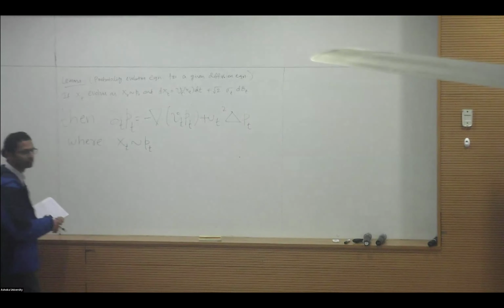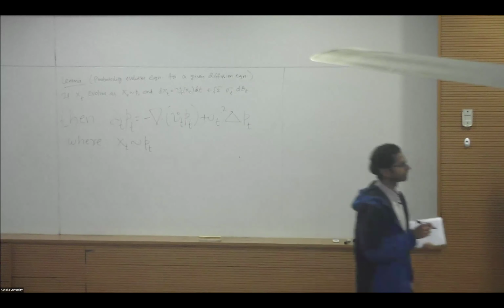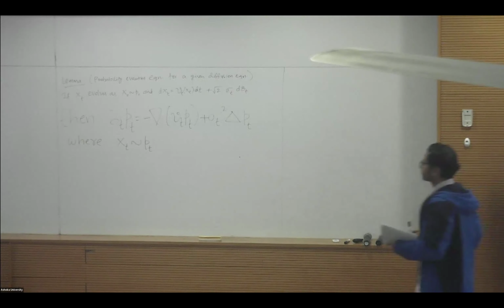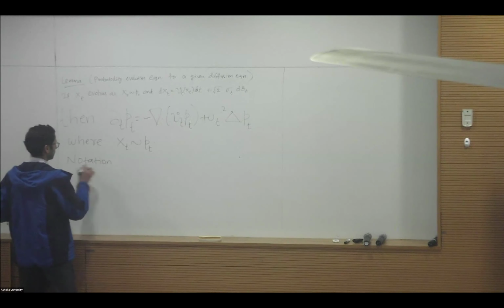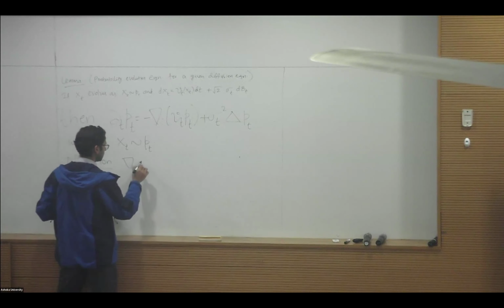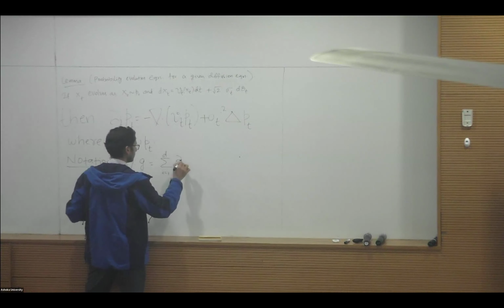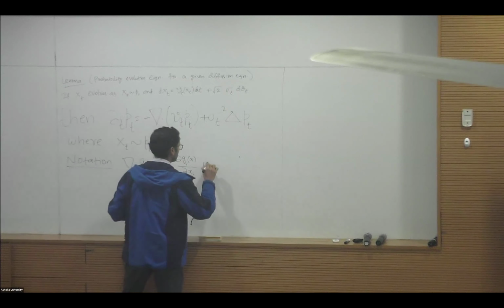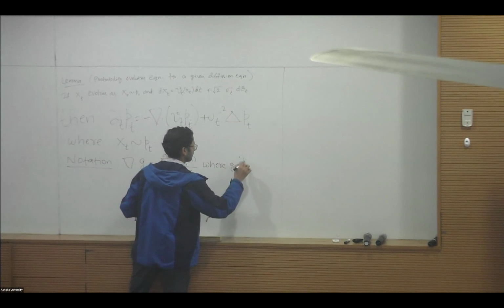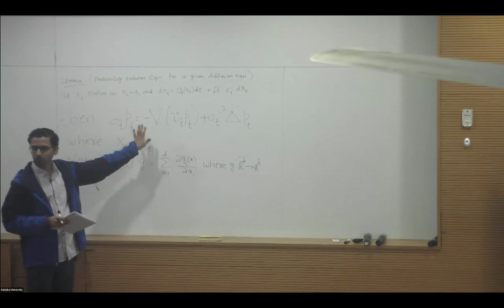Notation: grad dot g is given by the summation i equal to 1 to d of del gi of x divided by del xi, where g maps Rd to Rd. Any question about the equation and what this means?